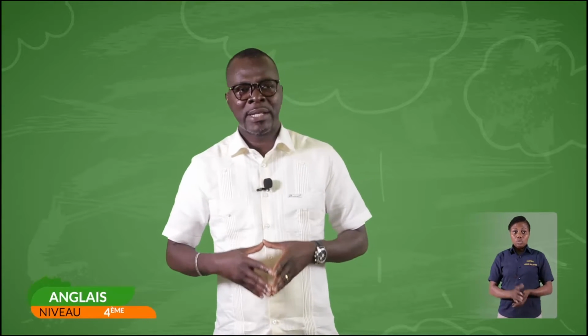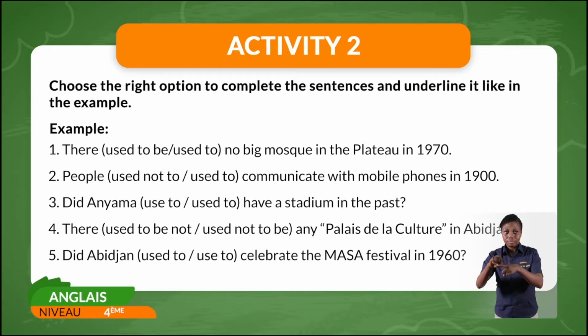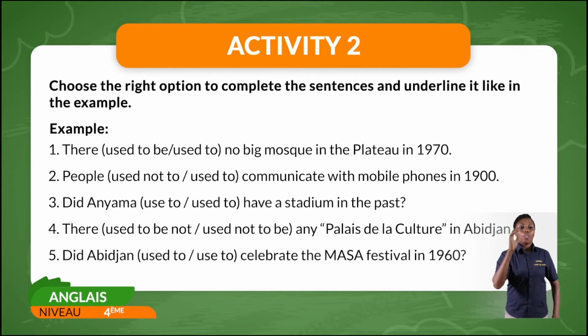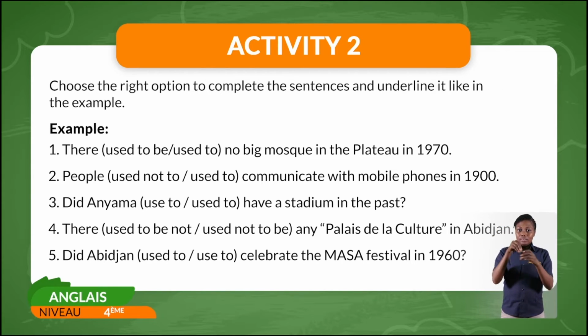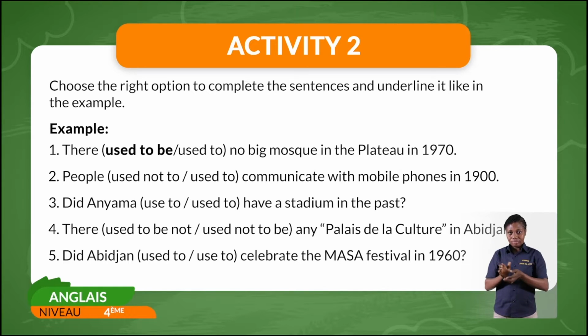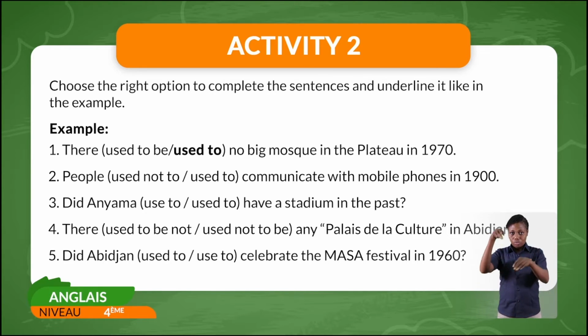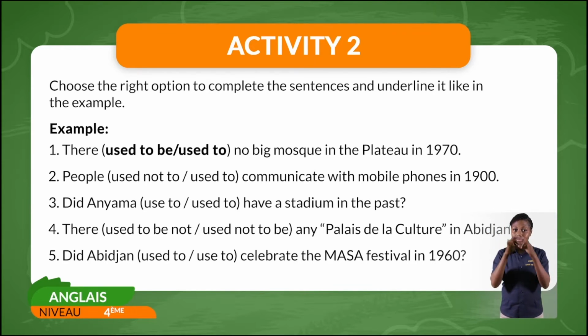Okay, so let's practice this grammar point a little bit. Activity 2. You have to choose the right option to complete the sentences and underline it like in the example. Example: They used to be, or they used to no big mosque in the Plateau in 1970.